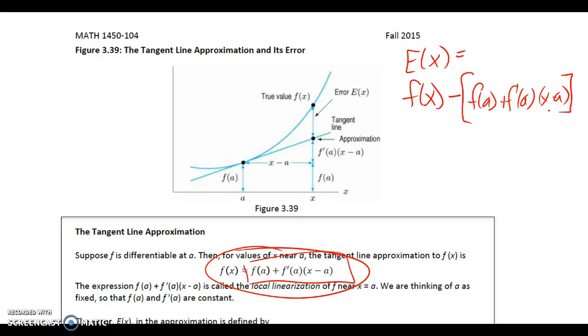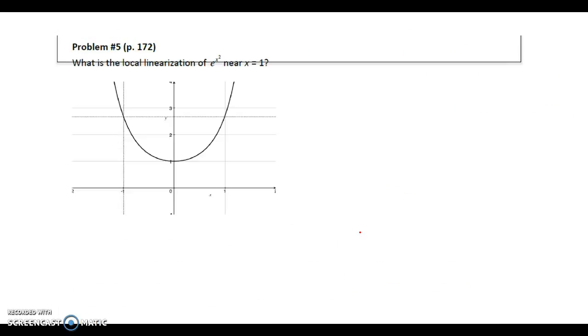Okay? So we're going to use this on the next screen. Again, we're finding a tangent line, pretty much, but with a slightly different method. All right, it says, what is the local linearization of this near 1?